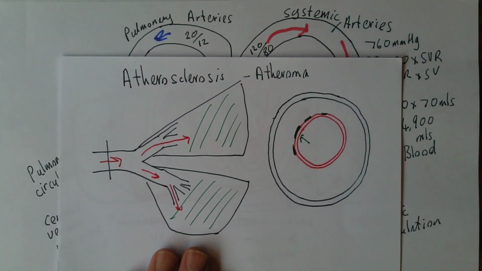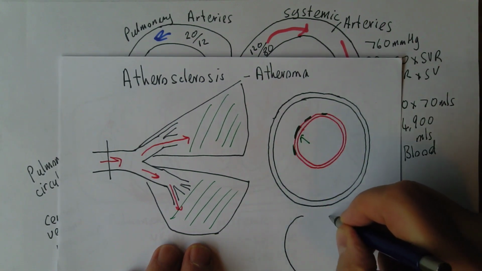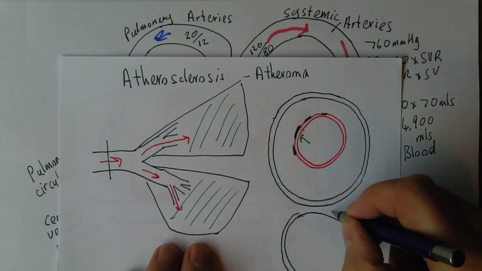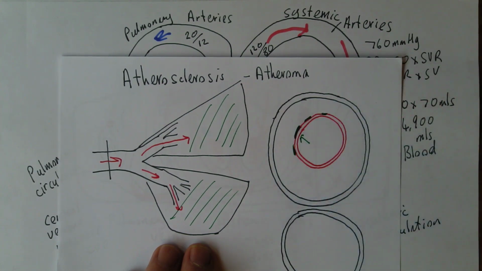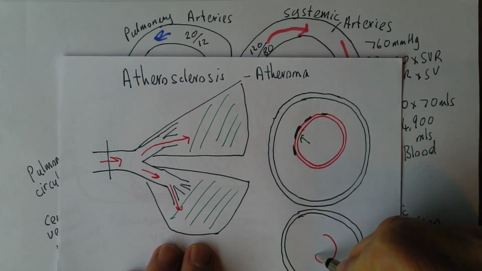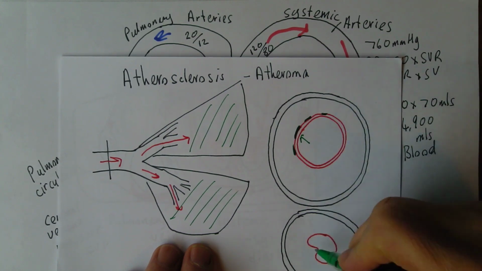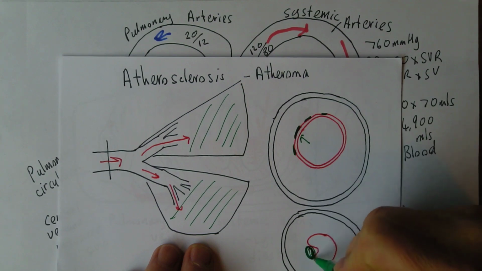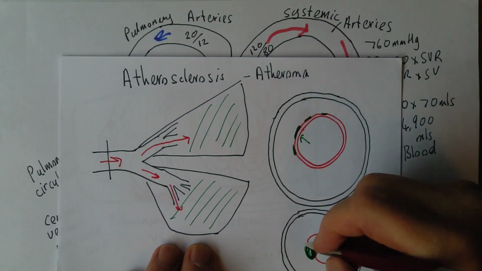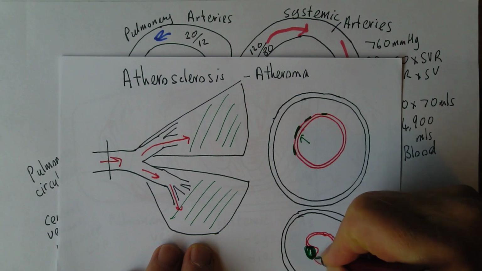Then over time, what happens is you have the artery, the adventitia as normal, but underneath the tunica intima we develop an area of atheroma, like this, underneath the tunica intima. So that's the tunica intima there.